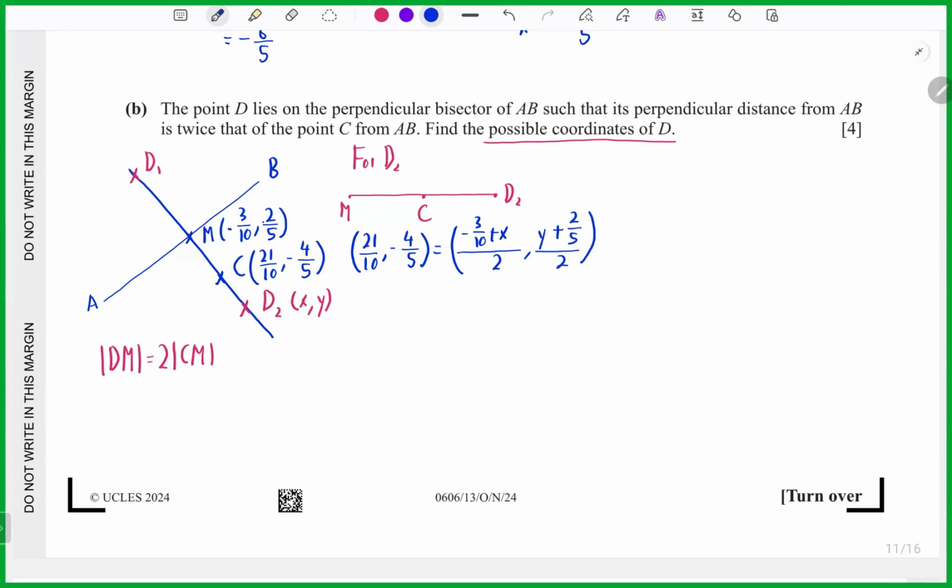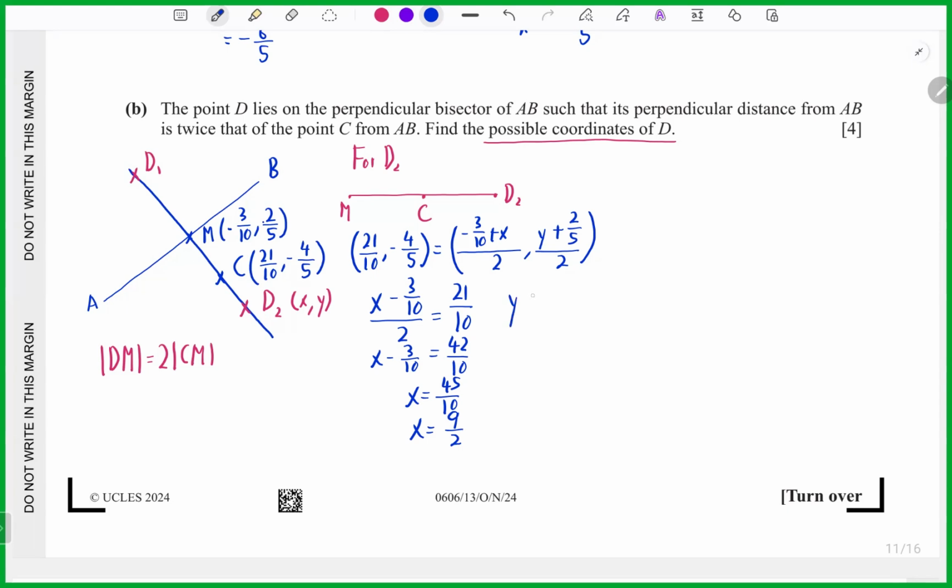So now you can try to find the x and y coordinates for D2. So x minus 3 over 10, divided by 2, equals 21 over 10. x minus 3 over 10 equals 42 over 10. x equals 45 over 10. So x will equal 9 over 2.